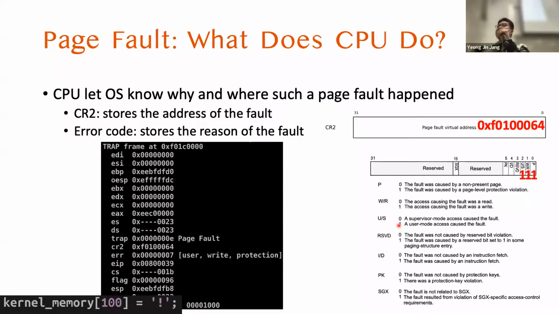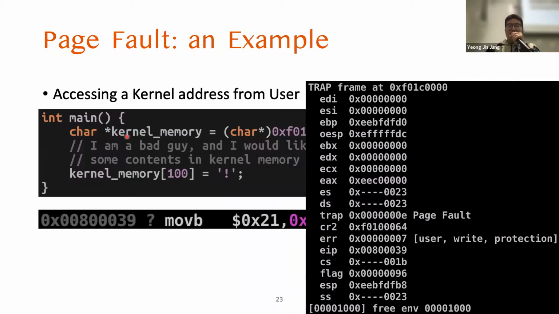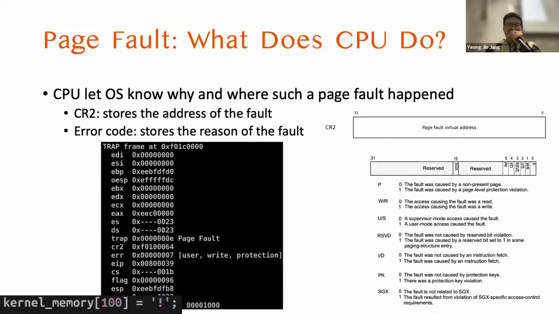If that is 1, then the access was made by the user. Because this is a user-level program, the error code was generated by the user-level program. So the important thing here is that whenever a page fault happens, we can gather the information about the problematic address, and the reason for the page fault in the error code, from the trap frame.